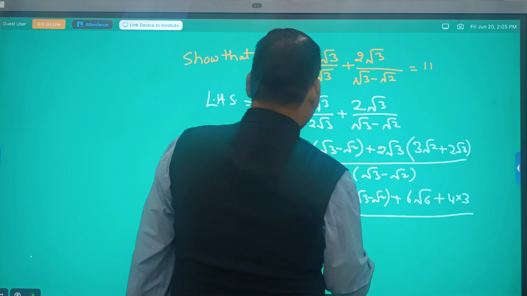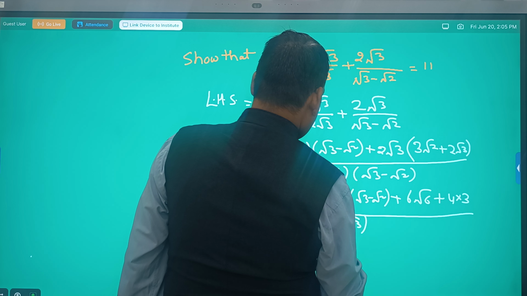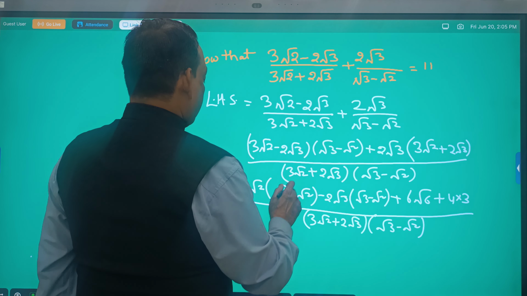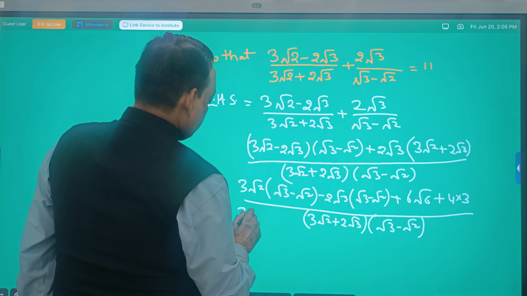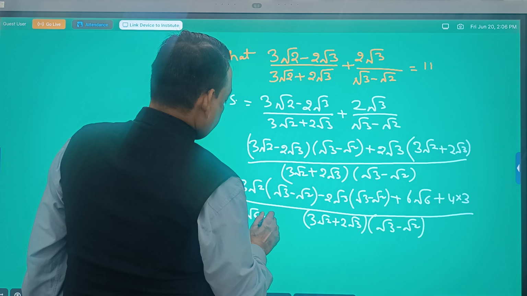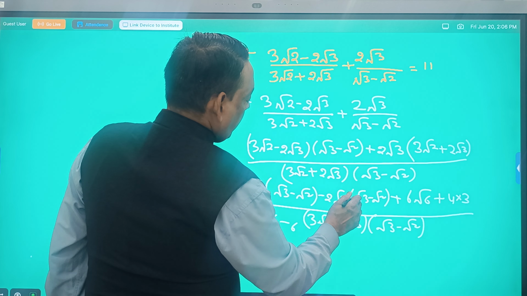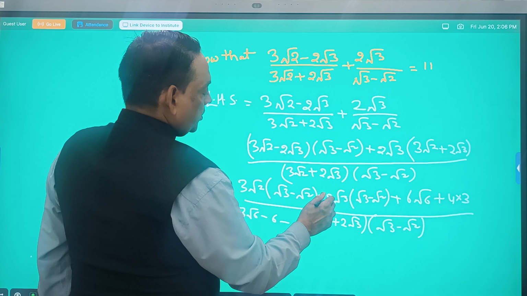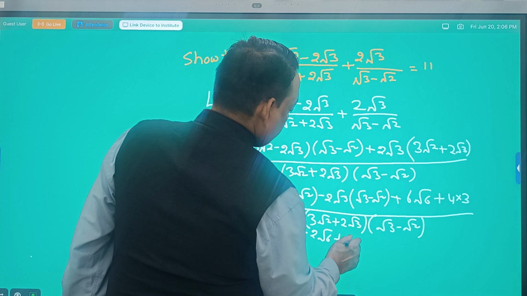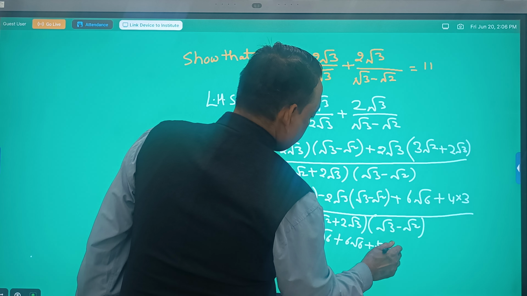So as of now we'll keep the denominator as it is, (3 root 2 plus 2 root 3) and (root 3 minus root 2). So now we'll multiply here, so it becomes 3 root 6, and then 3 into root 2 into root 2 will be 2, so 2 3s are 6, minus root 3 into root 3 will be 3, 3 2s are 6, and then next will be minus minus plus 2 into, so 2 root 6, and then this will be plus 6 root 6 plus 4 into 3, that becomes 12, so this will be 12.